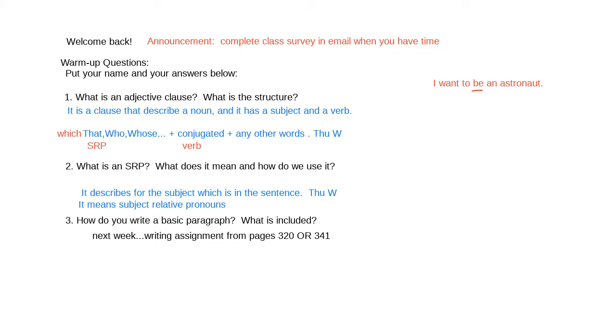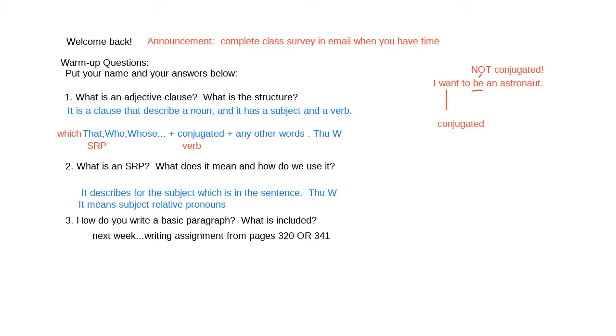Be is not conjugated. Okay, so I'm trying to help you decide on the definition of conjugated verb. Want is conjugated. Yes.